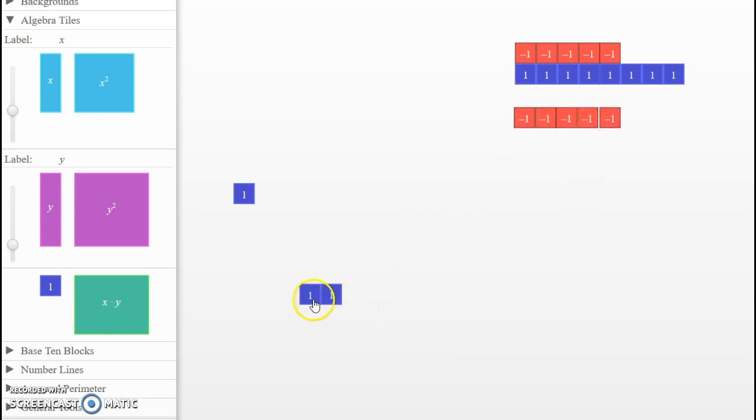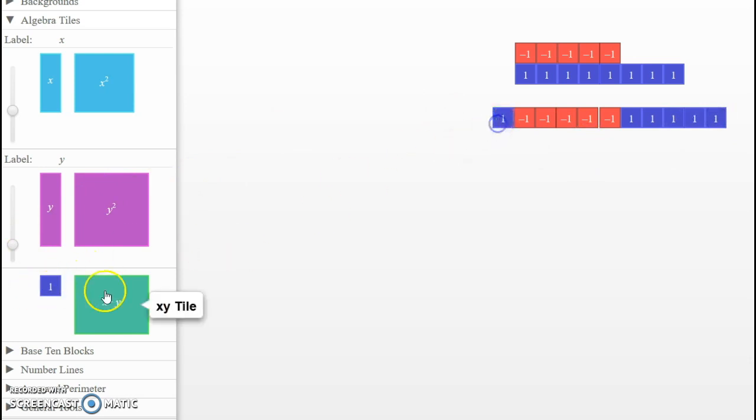And then adding 8 more negatives. 1, 2, 3, 4, 5, 6, 7, 8. So we added 8 more negatives to the 5 that we already have. So we have negative 13. So these are not the same. The next one was negative 5 minus 8.